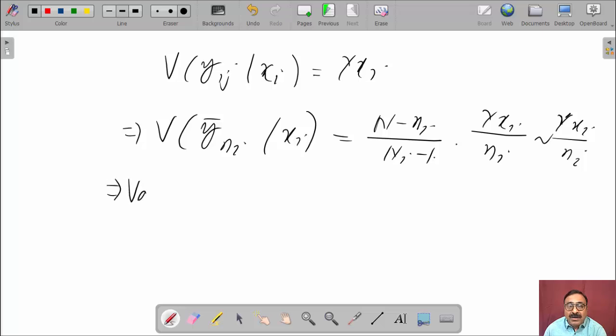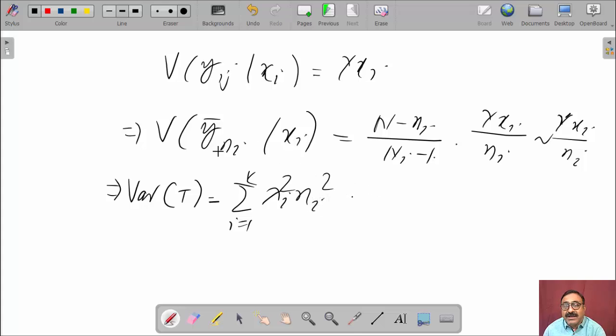So variance of t equals summation i equal to 1 to k lambda i square n_i square into gamma x_i by n_i.